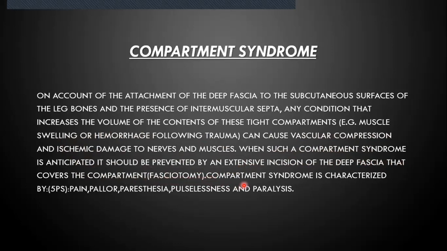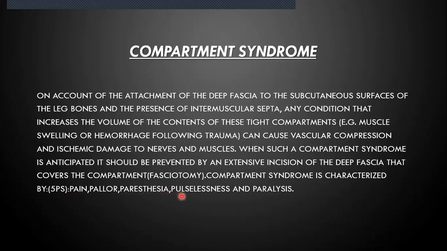Now, compartment syndrome is characterized by the following signs. The 5 P's. Pain. Pain is the most important. Pain, pain, pain. Then we have pallor. The patient will present with pale skin in the leg. Then we have paresthesia, numbness.